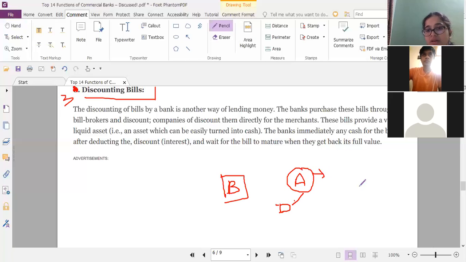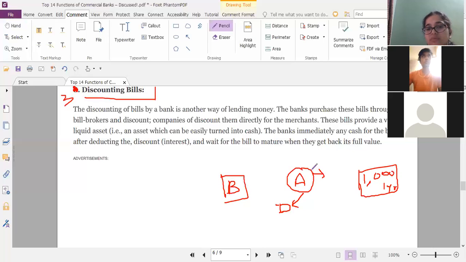And that bill is a letter like this. This has got a maturity of say 1 year, and some face value will be there here, like say 1000 rupees. This is a bill of 1000 which has a maturity of 1 year.